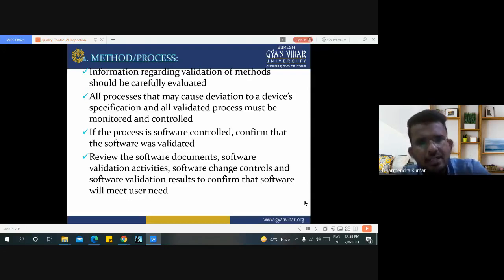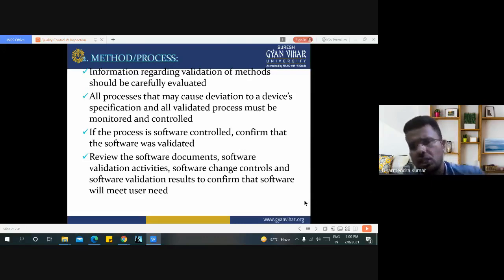If the process is software controlled, first confirm that the software was validated. If our process is automated and software controlled, then firstly we should confirm that this software is validated or not, licensed version or not. Review the software documents, software validation activities, software change control, and the software validation result to confirm that the software will meet user needs.